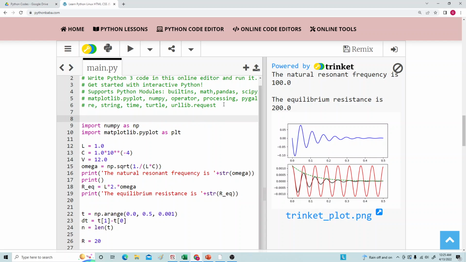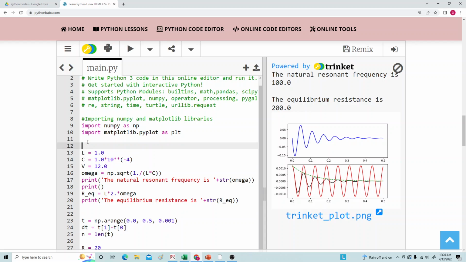Okay, so let's comment through this code and see if we can understand it a little bit better. Number one, we're just importing our libraries. Number two, this is going to specify the parameters of the circuit.